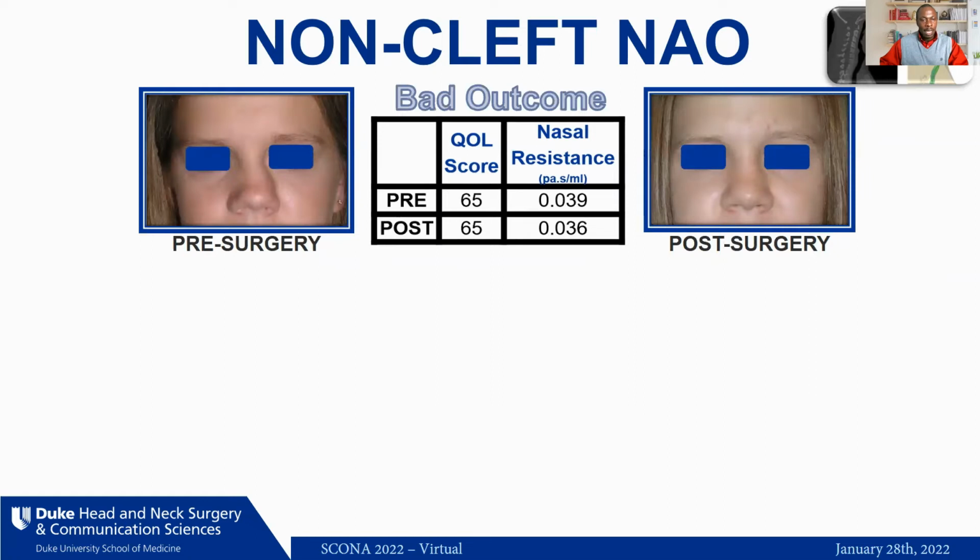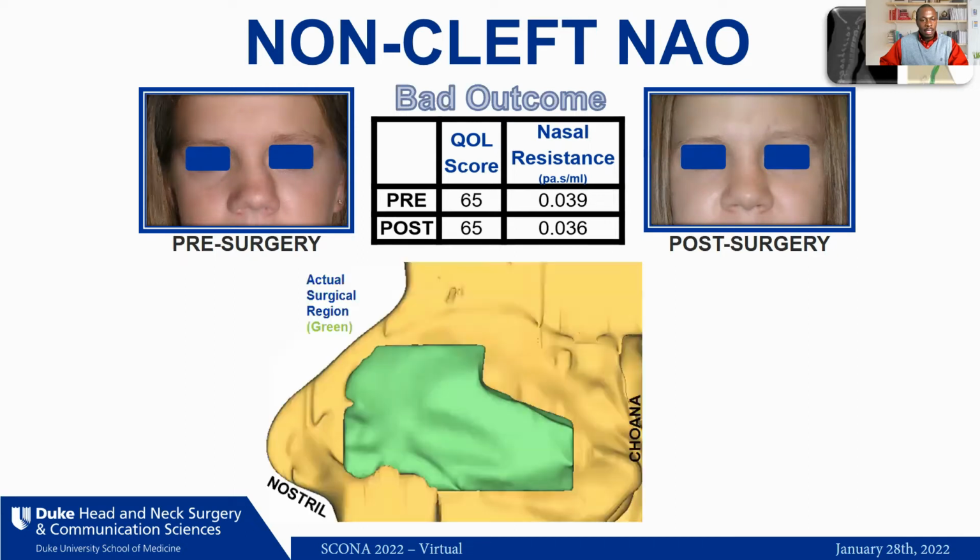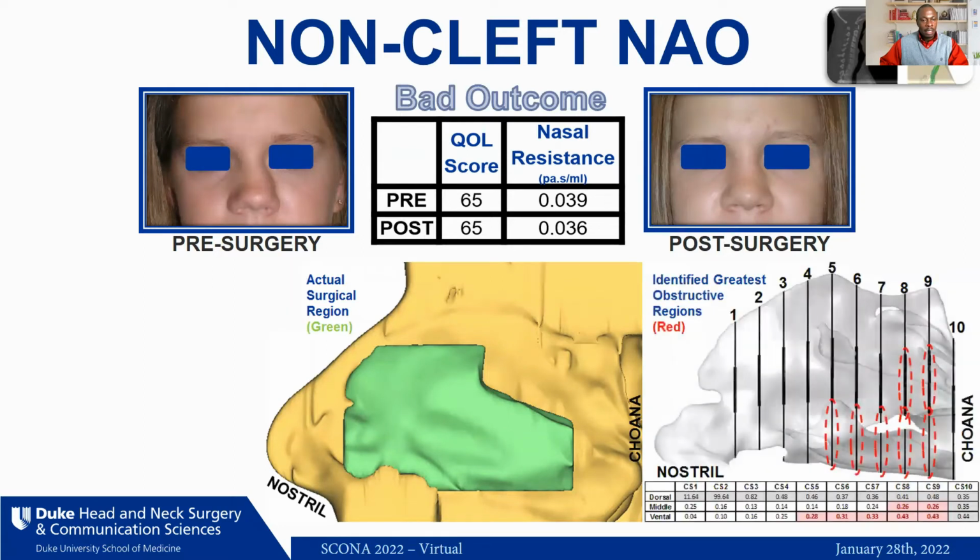Here is the bad outcome we presented earlier. Again, the soft tissue graphic is the patient's septal wall with the region where surgery was done represented in green. Here is the grid-like structure of the more obstructed side of the nasal passage, and the red outlines are identified sites of greatest obstruction.